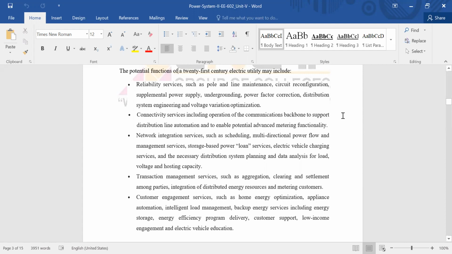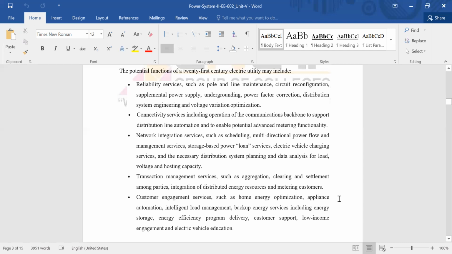Then transaction management services include clearing and settlement among parties, integration of distributed energy resources, and metering customers. Then we have customer engagement services such as home energy optimization, appliance automation, intelligent load management, and backup energy services.